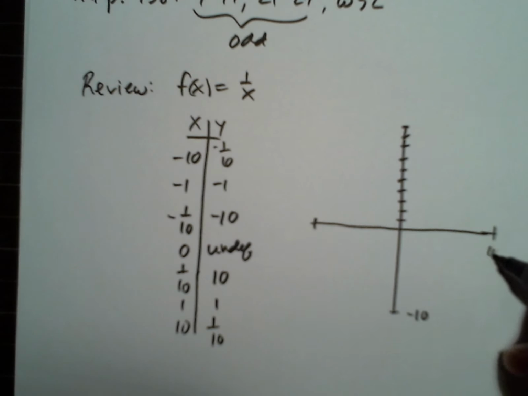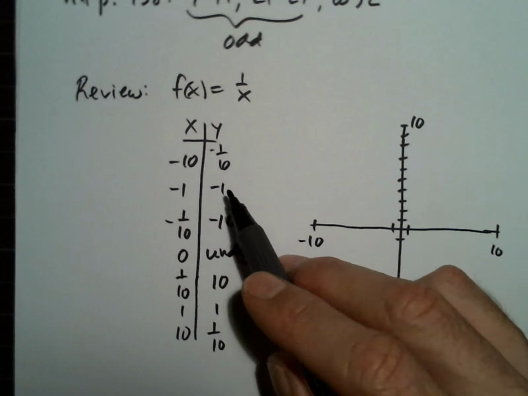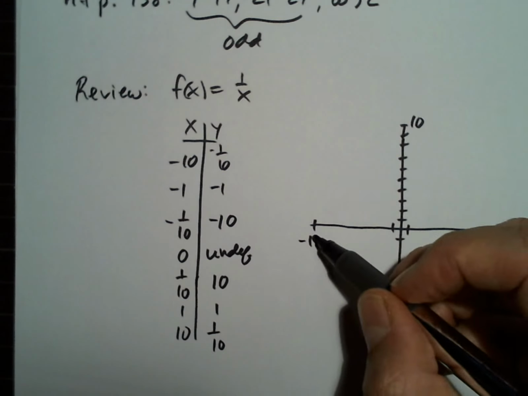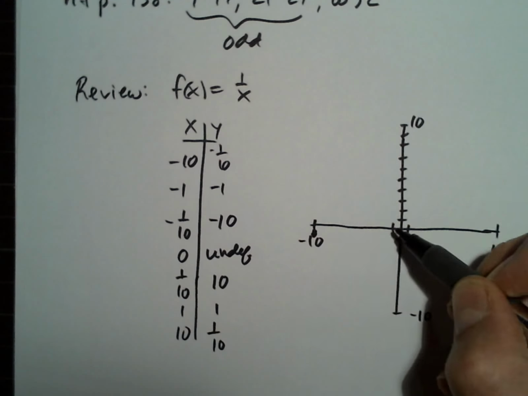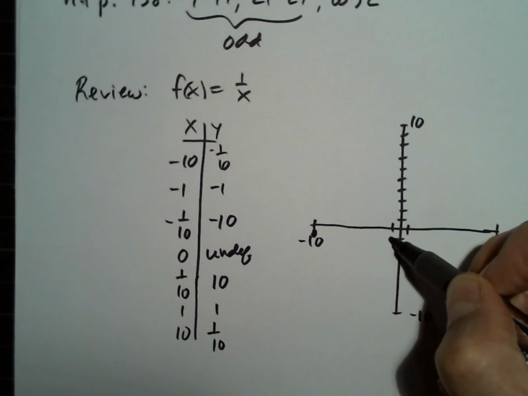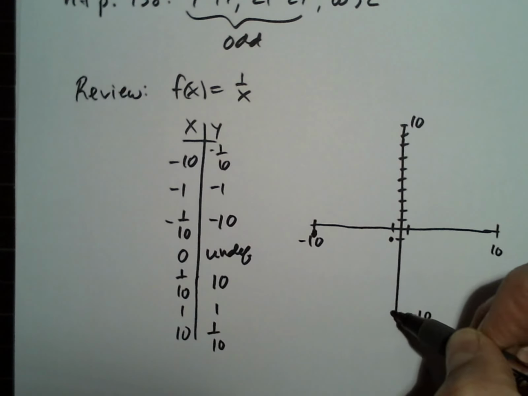And so at negative 10, we're really close to the x-axis. At negative 1, we're at negative 1. And at negative 1/10, which would be really close to the origin, is down here.